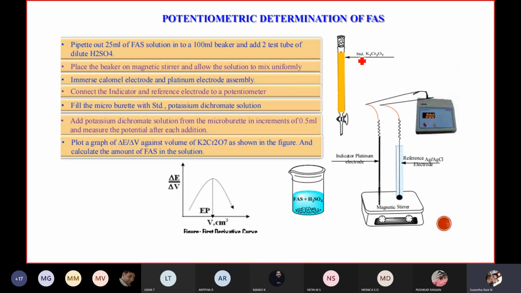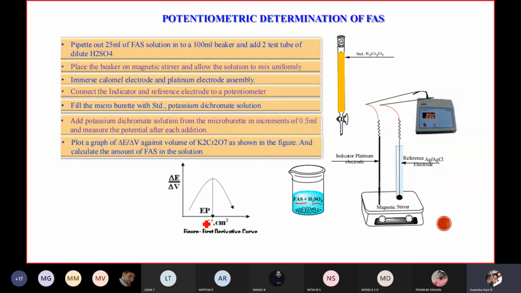Usually we take 25 ml FAS in the beaker and add one test tube of H2SO4. You have done this experiment in the practical also, right? With 0 ml of potassium dichromate added, immerse the electrode, which displays the potential, and plot it in the graph.